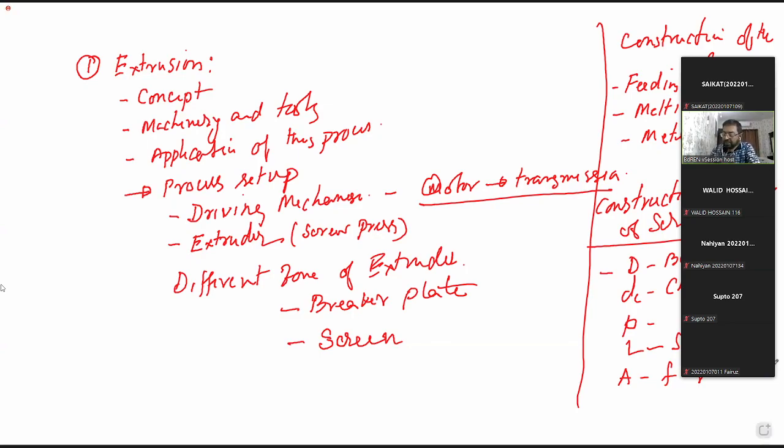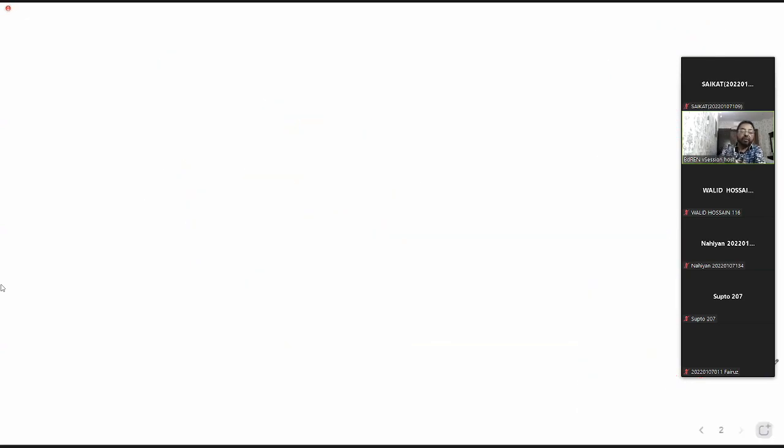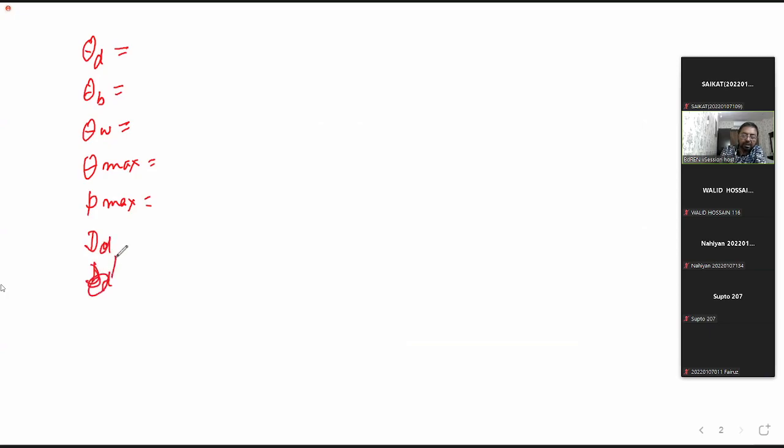We have also discussed some formulas: direct flow, then backflow, resulting flow, Q maximum, P maximum, die diameter, die length, Dd, Ld.